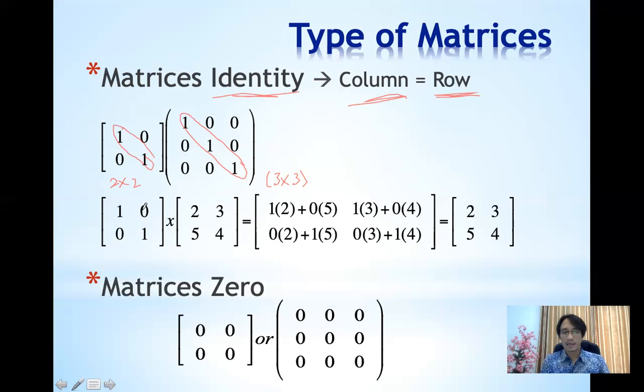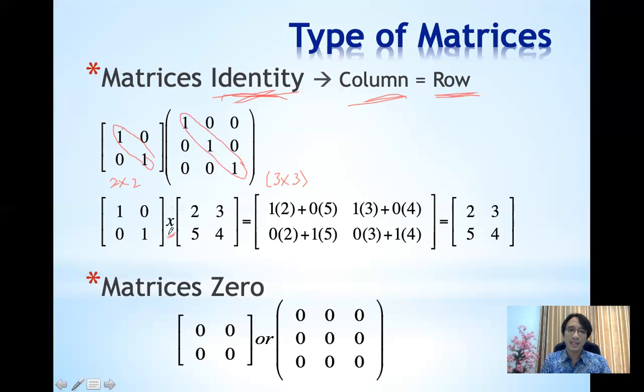We will discuss multiplication later, so we just leave it. The most important thing in this slide is that I just want you to know that this is the identity matrix, a type of matrix.